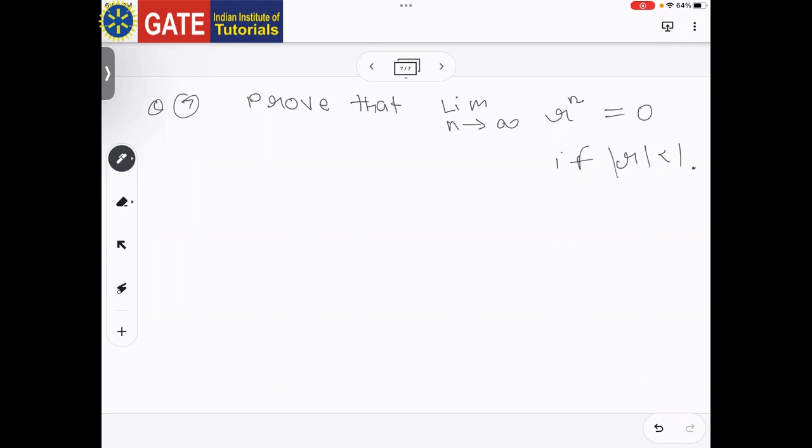That is, n is greater than an integer in terms of epsilon. Let's see. So r^n is lesser than epsilon, but we have to take the modulus. So this is modulus of r^n is lesser than epsilon.